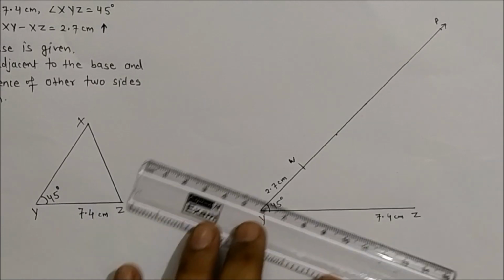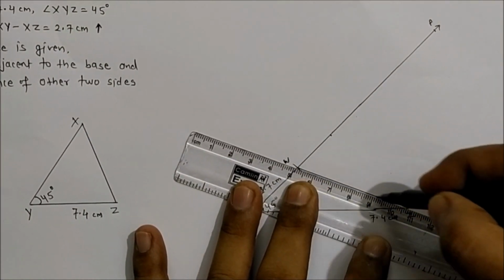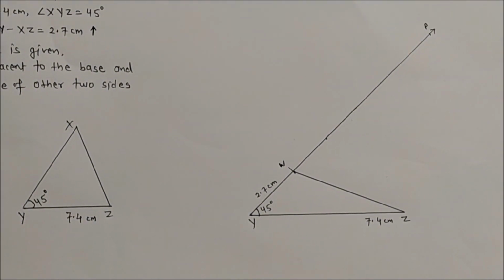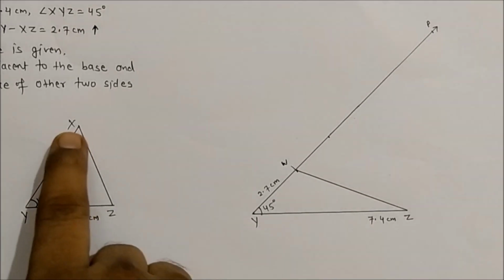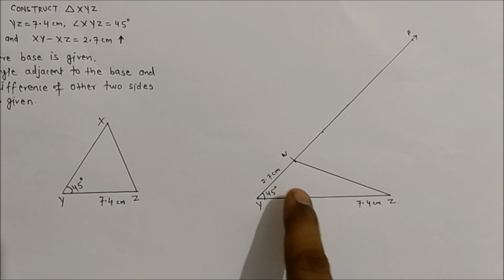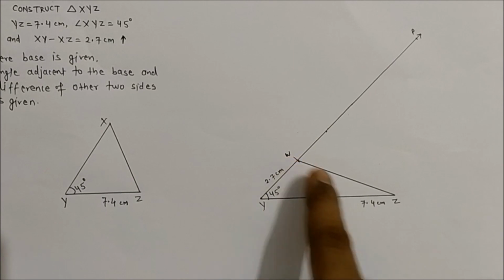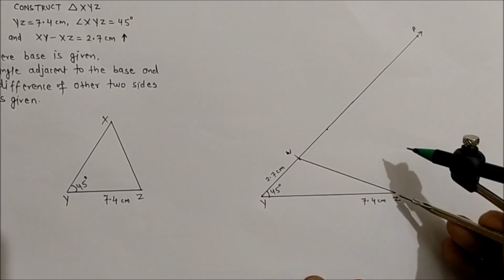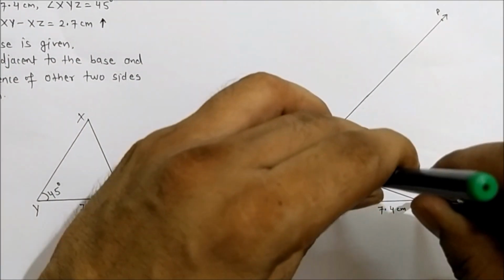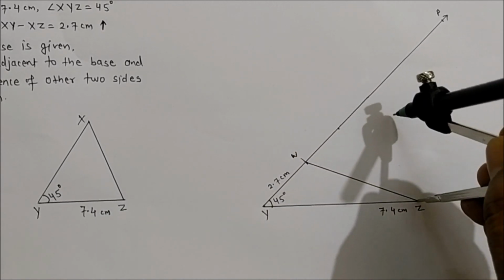Now draw this segment WZ. And after this, to get the triangle XYZ, to get this point X, we have to draw the perpendicular bisector of WZ. I repeat, perpendicular bisector of WZ. Take the compass, keep it on point Z, take more than half distance and cut the arc on either side of WZ.